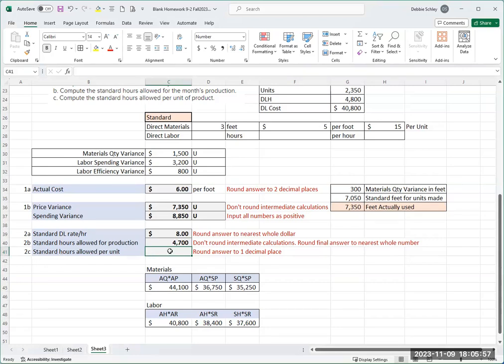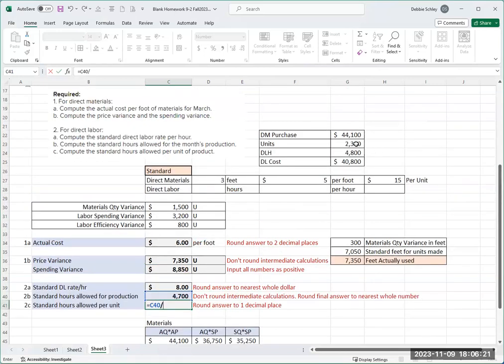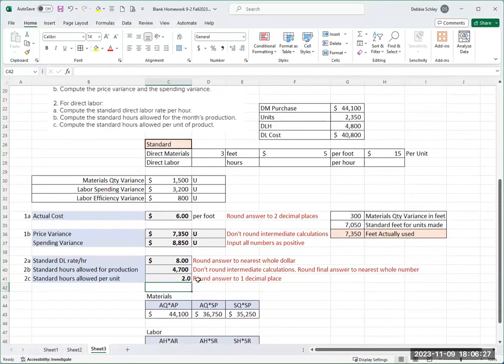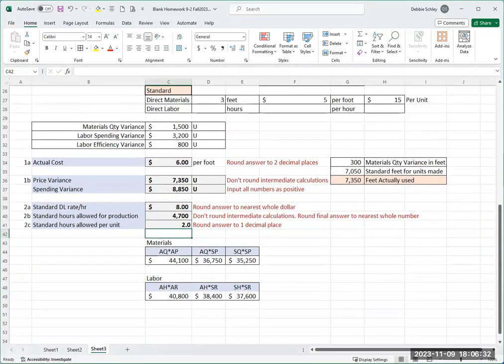And then the standard hours allowed per unit becomes, whoops, equals the answer we got for 2B, which is the number of hours allowed, and we divide that by the units. And remember to round it to 1 decimal place. So 2 hours per unit with my problem. And that is the end of that problem. Hopefully that helps somebody out.